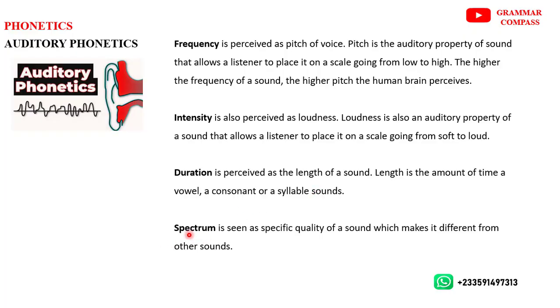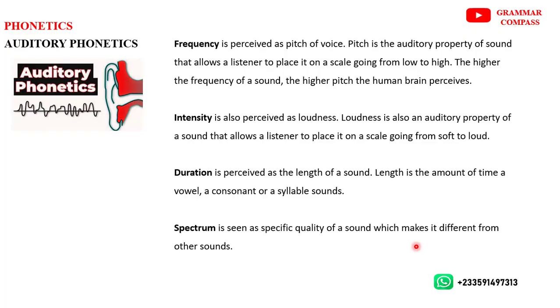Next, we know spectrum from acoustic phonetics. In auditory phonetics, spectrum is seen as the specific quality of sound which makes it different from other sounds. In auditory phonetics, spectrum is not just the graphical representation of sounds. It is about what makes a sound different from another sound.